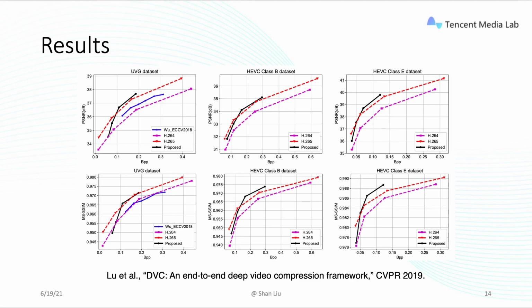But having said that, this work has good value as it demonstrated a direction and possibility that end-to-end learned video compression may catch up or eventually outperform conventional video compression methods.